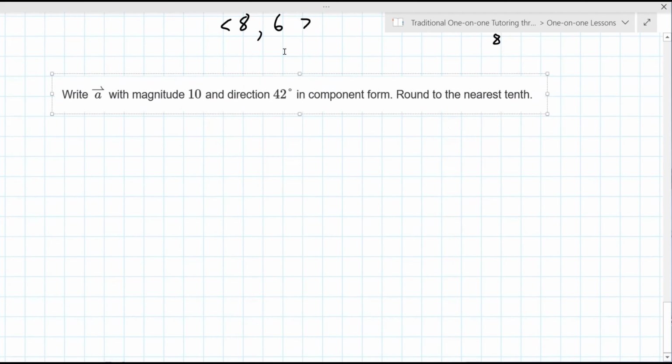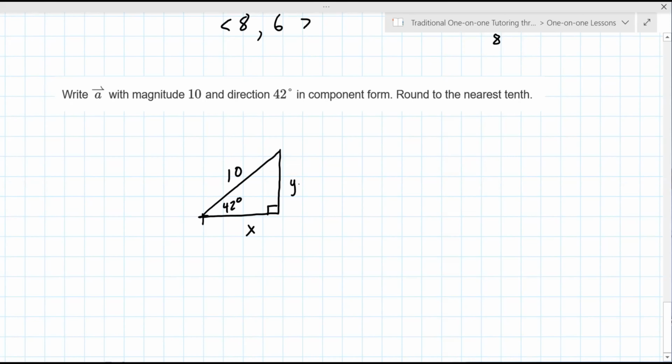Okay, write A with magnitude 10 and direction 42. So we made a couple of triangles in a previous problem. Was the magnitude the hypotenuse, the leg, or the leg? Do you remember? The magnitude was the hypotenuse. That's right. And this is the direction right here. So if we call this X and this Y, and I ask you, what is the cosine of 42? Do you remember cosine from the previous section?